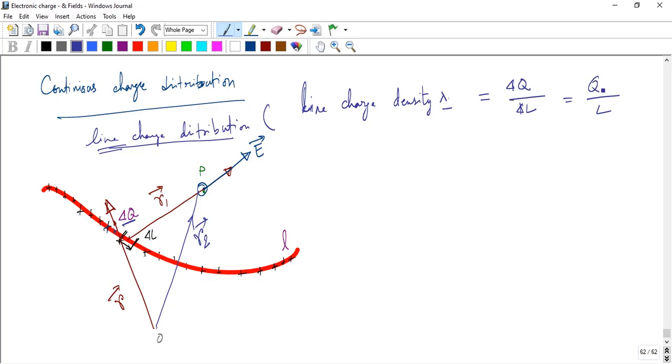Now write the notes on line charge distribution. Note that the line charge density is the linear charge density.